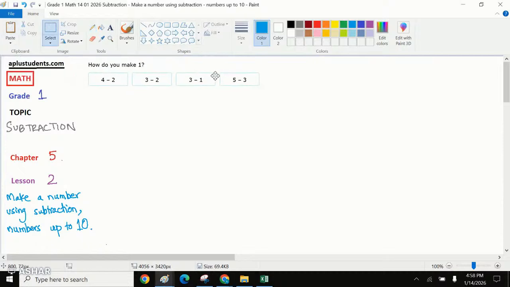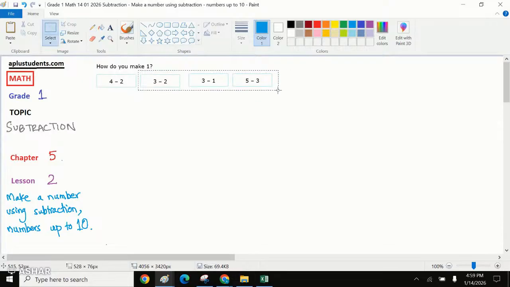The question says, how can you make 1? These 4 options are given to us, right? 4 minus 2, 3 minus 2, 3 minus 1, 5 minus 3, and so on. Let's look at the first option.